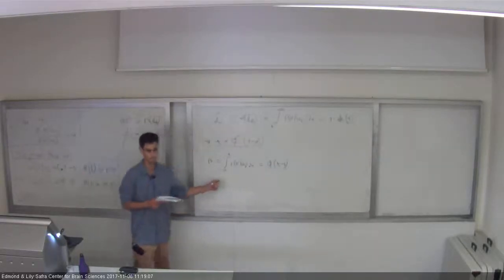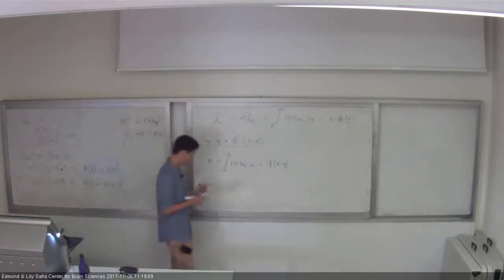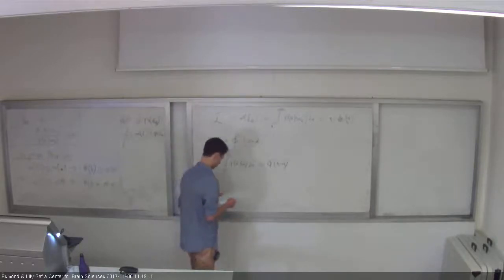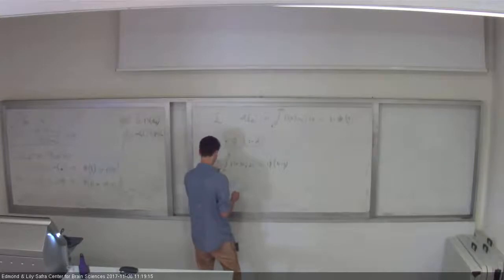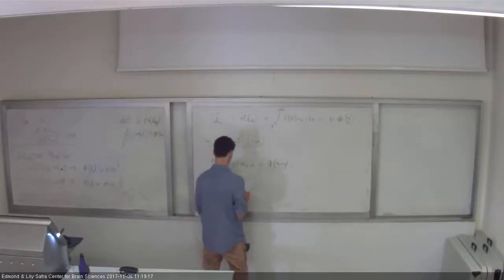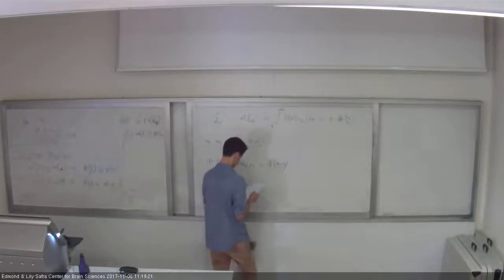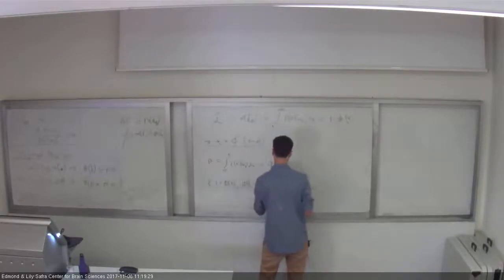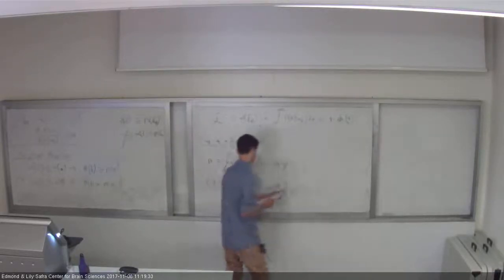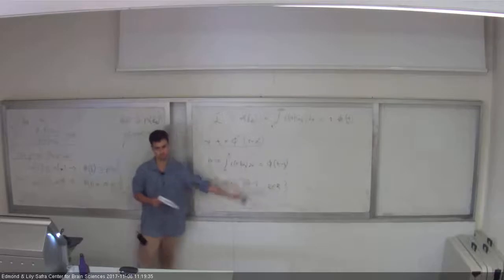And now the set of all possible values that we can get is the set of alpha and beta of t minus 1, when t can be any value in the real numbers.